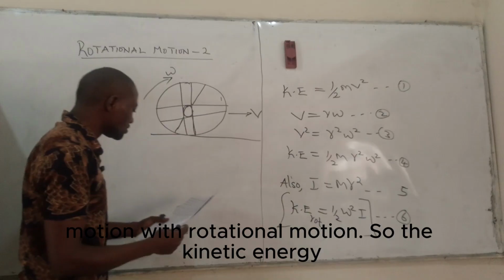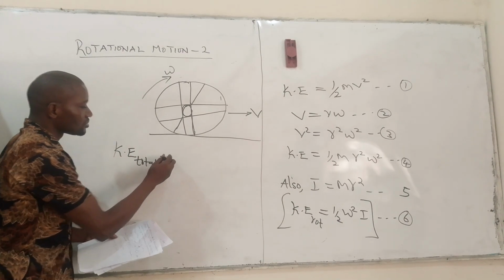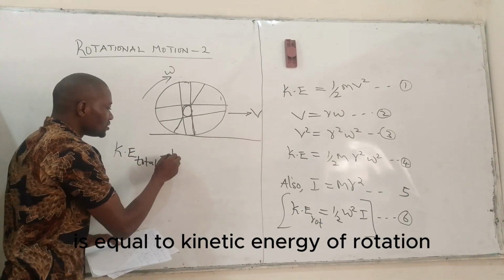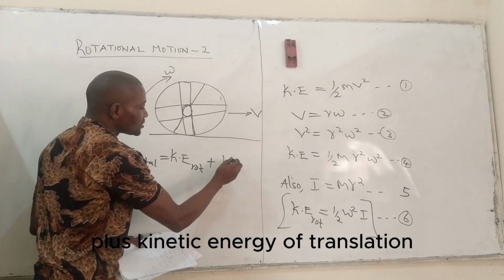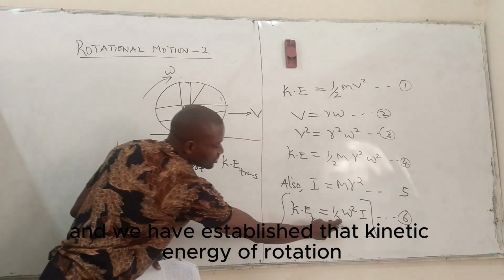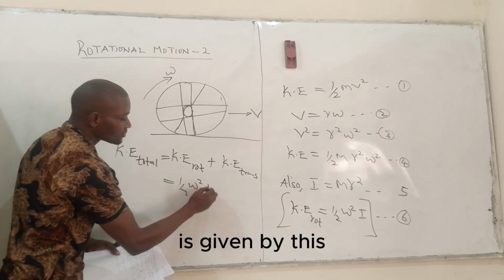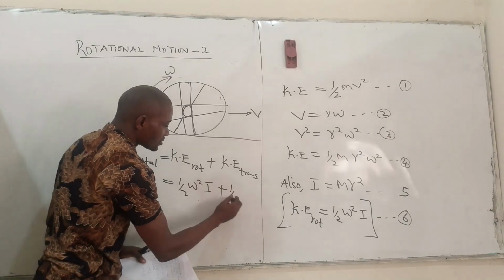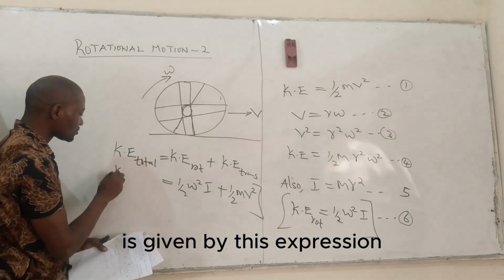So the total kinetic energy of an object that is translating and at the same time rotating is equal to kinetic energy of rotation plus kinetic energy of translation. And we have established that kinetic energy of rotation is given by this, while the kinetic energy of translation is given by this expression.